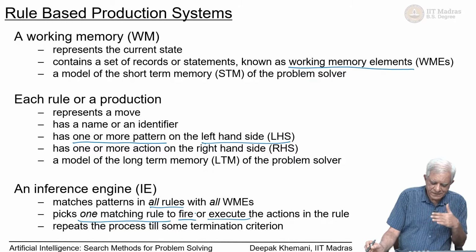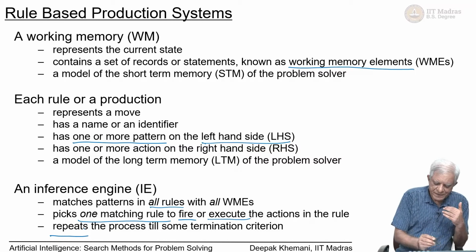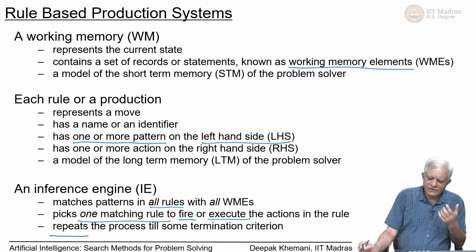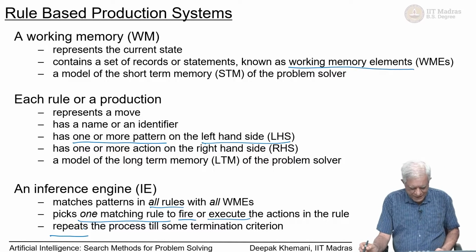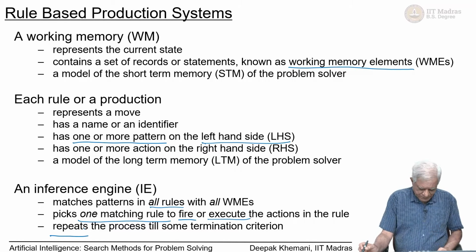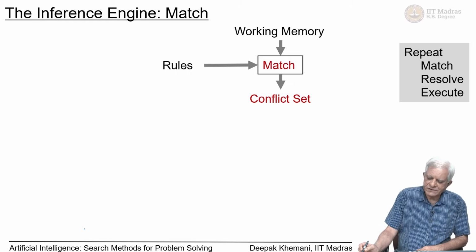So, what is this that is being repeated? It is a cycle of match, where you match all the rules with all the working memory elements, then you resolve as to which of those matching rules you want to select essentially, and the third is fire, that having selected the rule, fire that rule, which means that you may be making some changes in the working memory as a consequence of that, and this happens till some termination criteria is used.